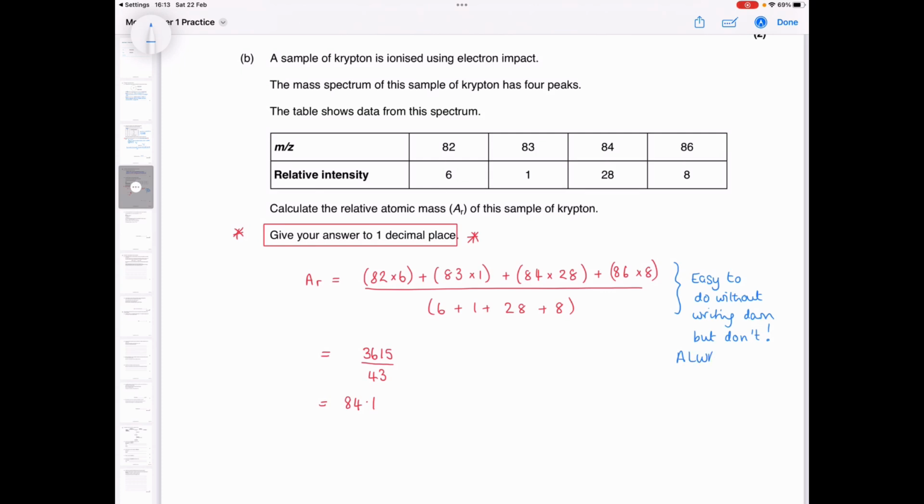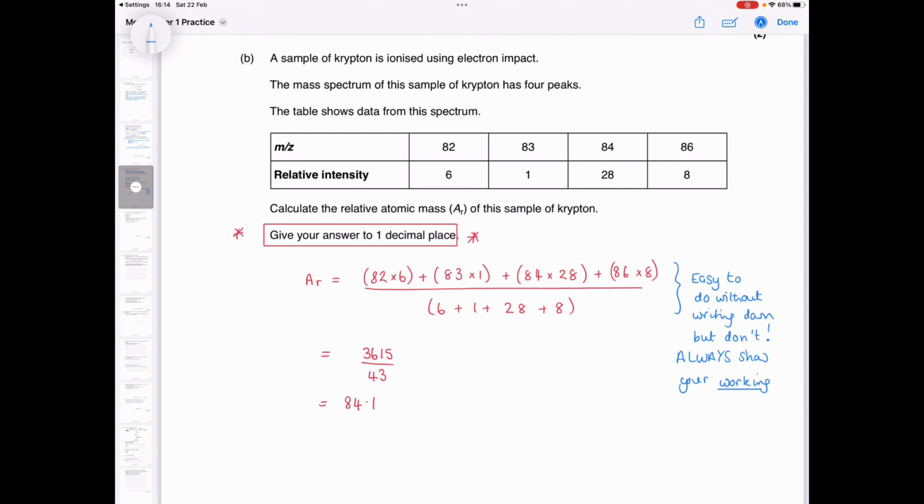For these questions, always show your working. And in fact, in the mark scheme for this, it gives mark 1 for the working and mark 2 for the answer to 1 decimal place. So it's really important for something like this that you do show that working.